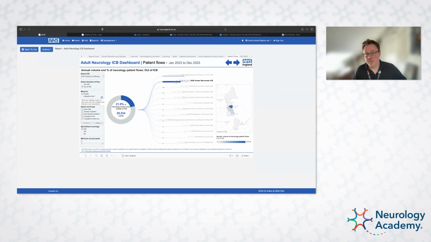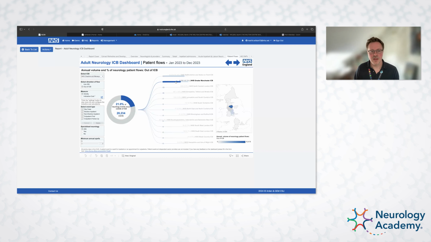Now that sort of data might show you exactly what you expect, but it might show you some things that are suggesting there's a problem, in that there isn't a service available within your own patch, so they're having to go elsewhere, and you probably need to look into your own data in a more granular way.